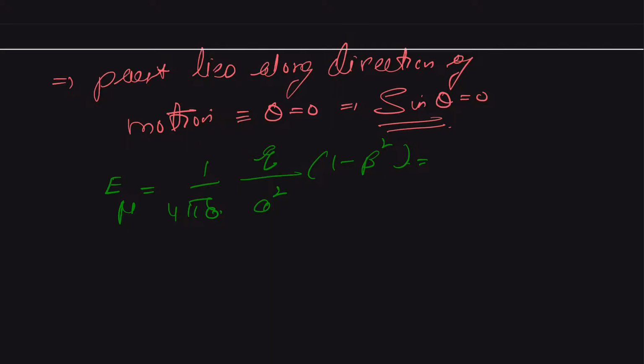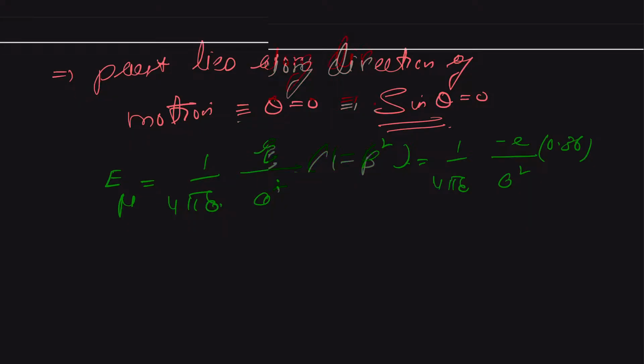It will be 1 upon 4 pi epsilon naught, the charge is the negative of our electron charge, over a square, and beta is 0.8, so beta square is 0.64, so it will be coming as 0.36.